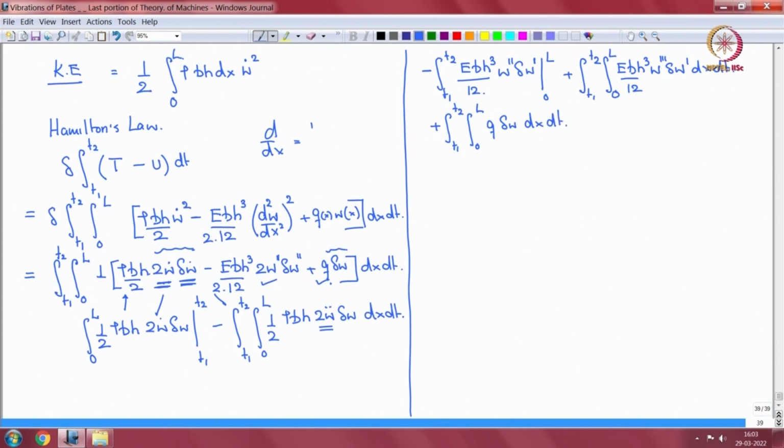Now here we have a boundary term in time at the two endpoints, and we started by saying that w is known at the two endpoints, and therefore the variation is 0. So this term is 0, this term we set to 0. Now what do we have here?